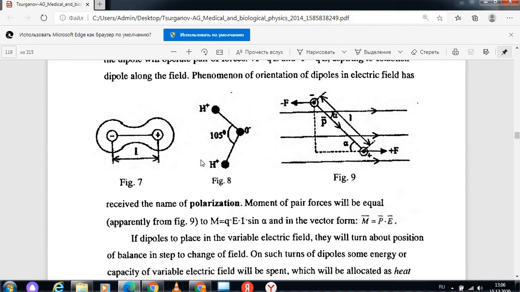Yes, H plus, 2H plus, with the angle between these two arms nearly 105 degrees, and the O minus, the oxygen minus here.